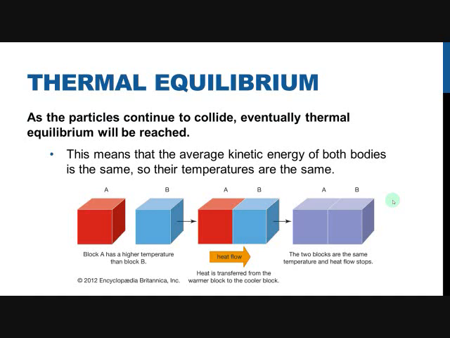An easy way to think about this is putting ice cubes in your water. If you have a warm glass of water and you put ice cubes in there, eventually the water cools down, right? The temperature evens out. By having them collide, having them touch, eventually we reach thermal equilibrium, where the temperatures are equal to each other.